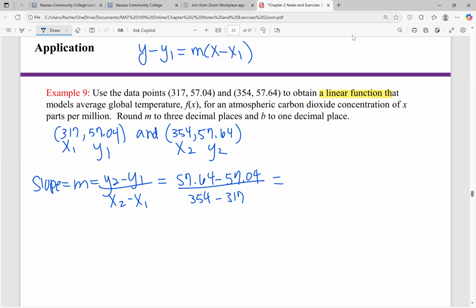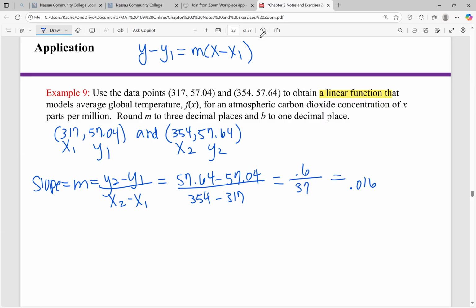It says round the slope to 3 decimal places. The difference in the numerator is 0.6, and 354 minus 317 is 37. When we divide 0.6 by 37, we get about 0.016216, and we want 3 decimal places, so this is 0.016.